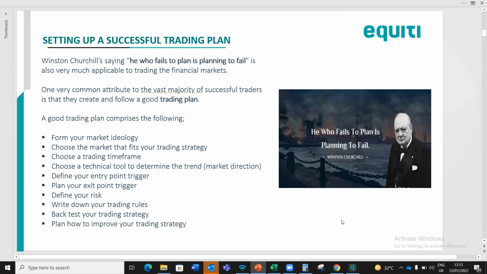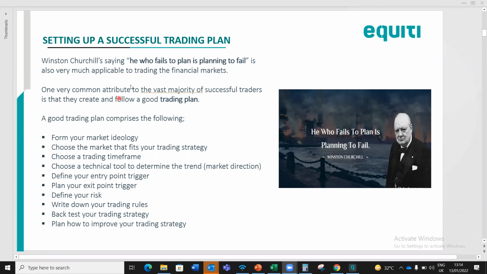In everything you do, Winston Churchill says, "He who fails to plan is planning to fail." This cannot be overflogged. Planning, he who fails to plan is planning to fail, is also very much applicable to trading the global financial market.